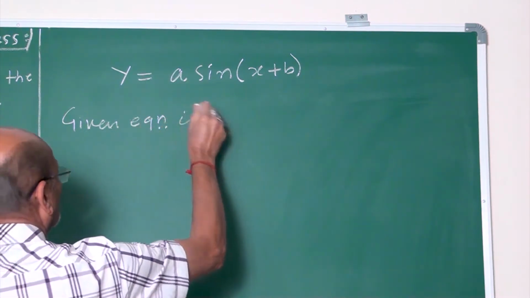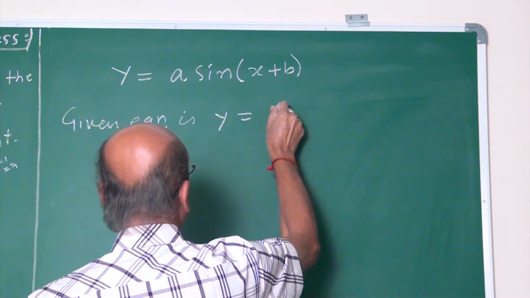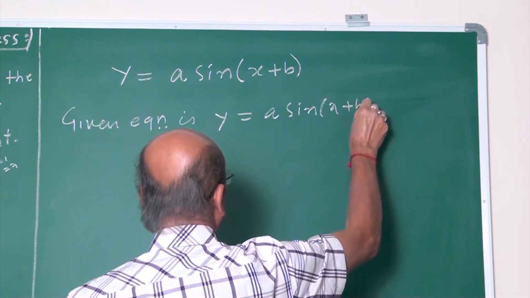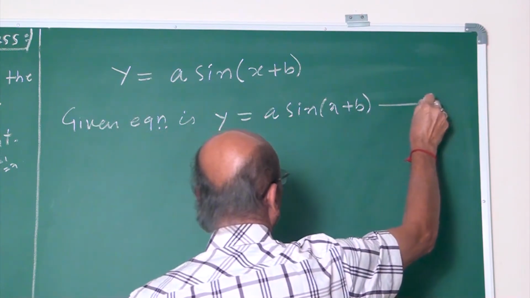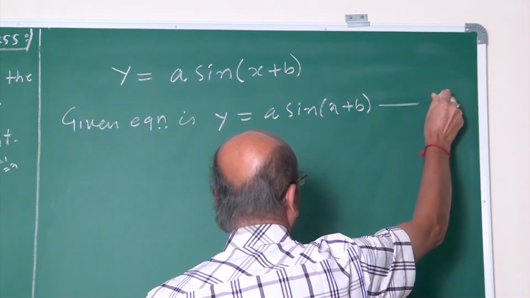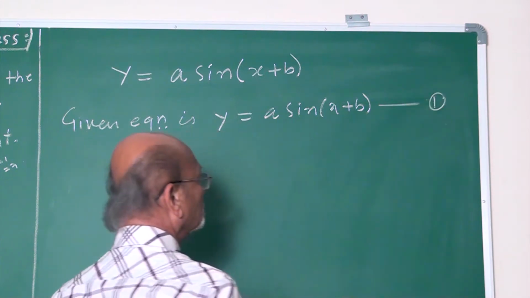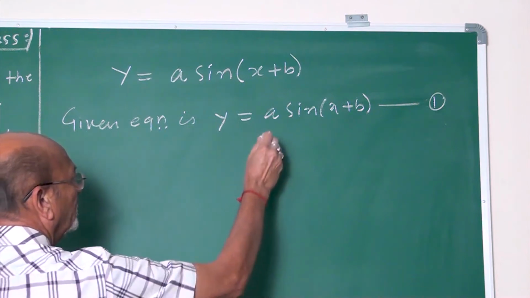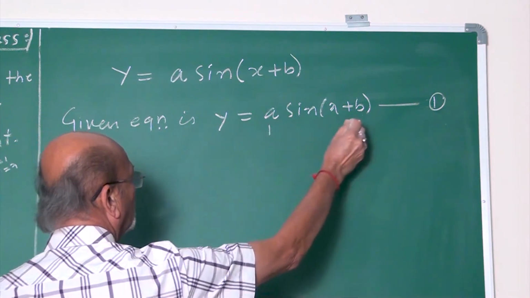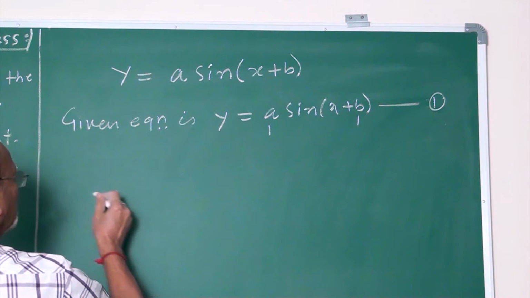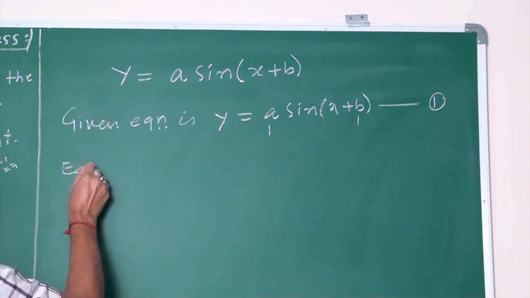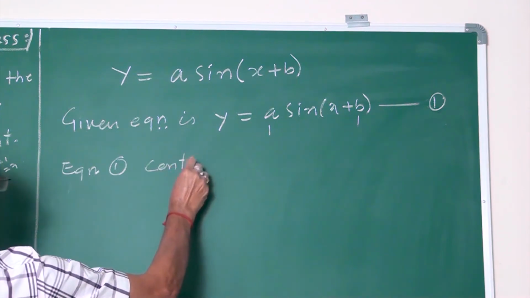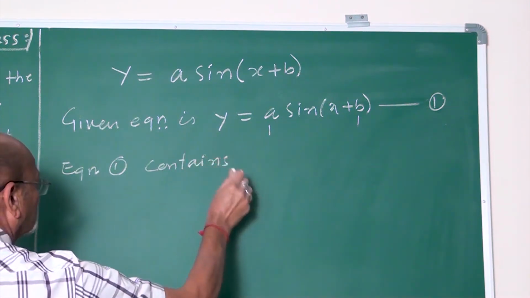The equation is y equal to a sin(x plus b). Name this equation 1. How many arbitrary constants does it contain? This is 1, this is 2. Equation 1 contains two arbitrary constants.